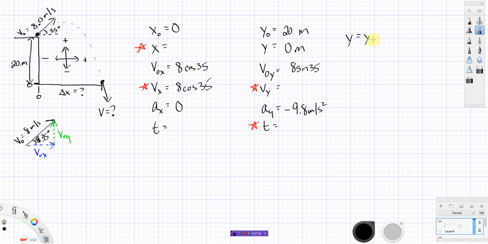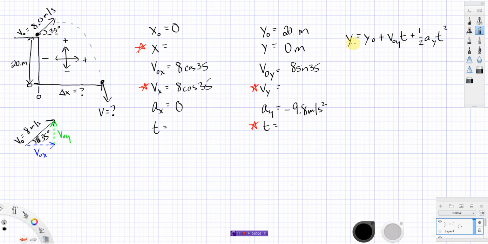Now in your equation sheet it'll say x equals x naught. I'm just changing all the x's into y's, because you can do that as long as you change all of them. So this is the same equation in your equation sheet, just with every single x replaced with a y, and you can totally do that. You just have to replace all of the x's with y's.